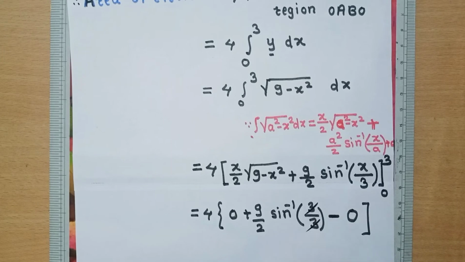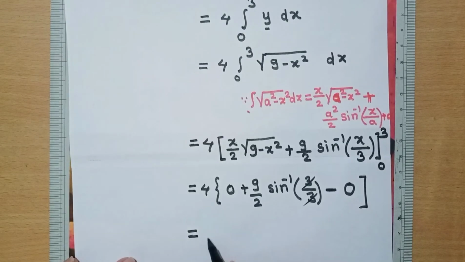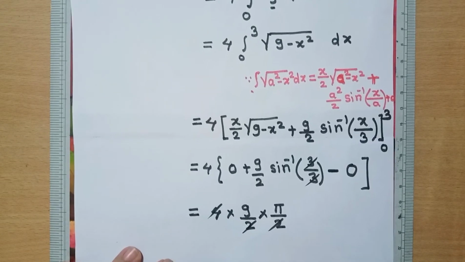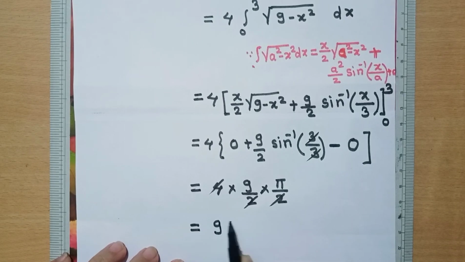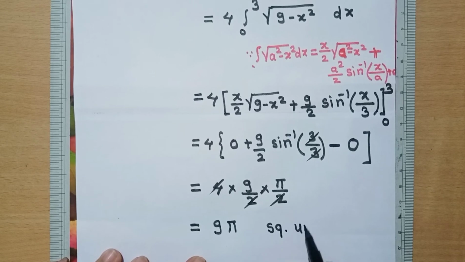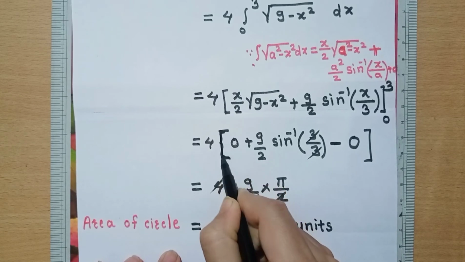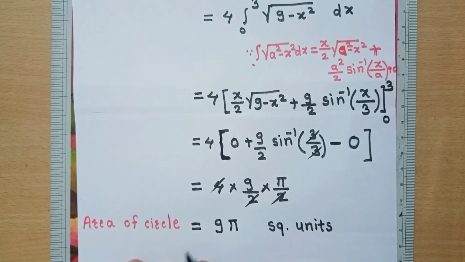And again 3 upon 3 is 1, and sine inverse of 1 is pi by 2, so the final answer is 4 multiplied by 9 by 2, and sine inverse 1 is pi by 2, so here we will write pi by 2, and so upside 2 2s are 4, and this 4 gets cancelled, and so the final answer is 9 pi, and since this is area, we will write here square units. Sorry, here also we will write the box bracket. And so the area of the given circle is 9 pi square units.